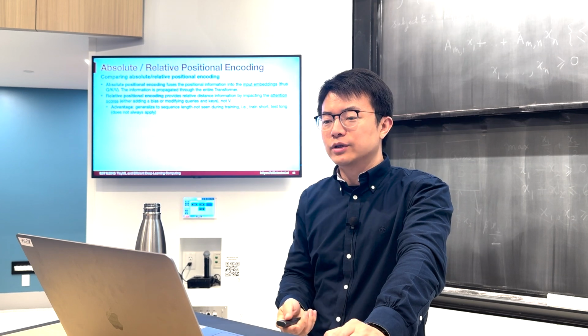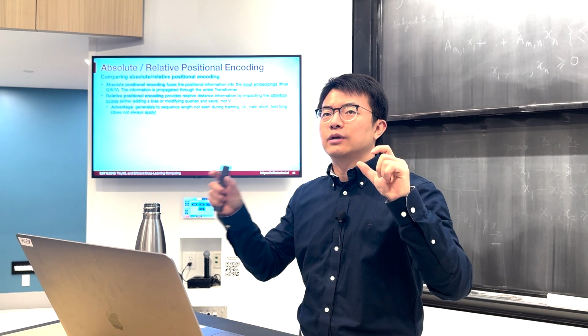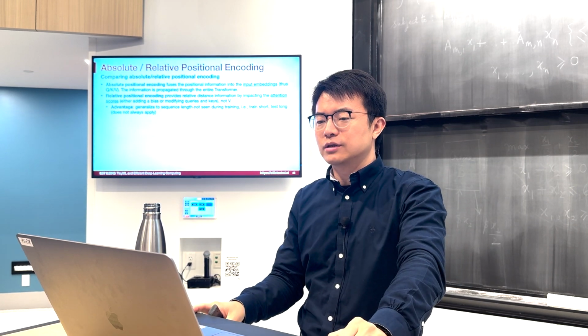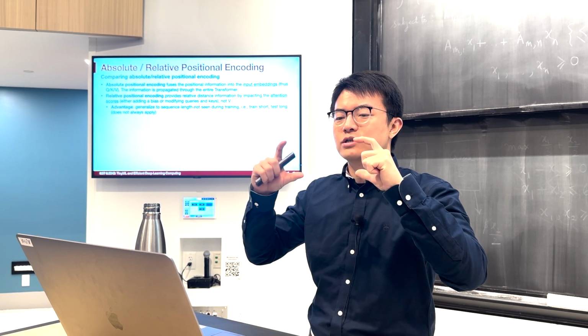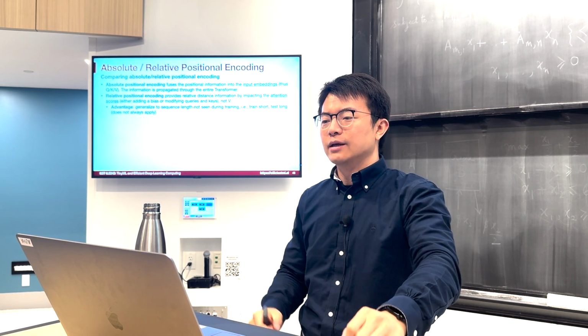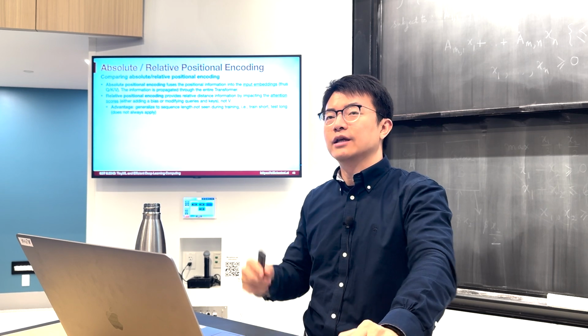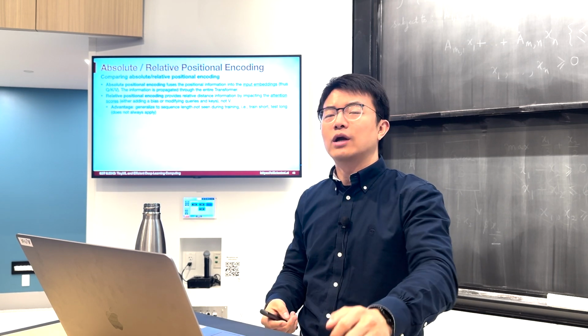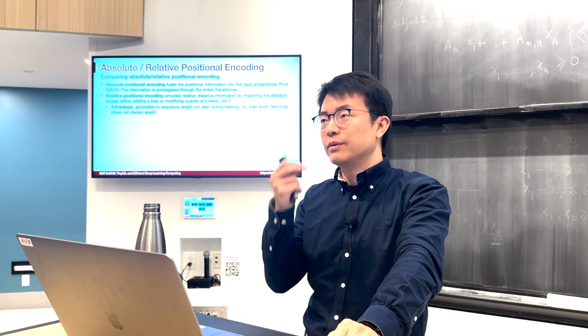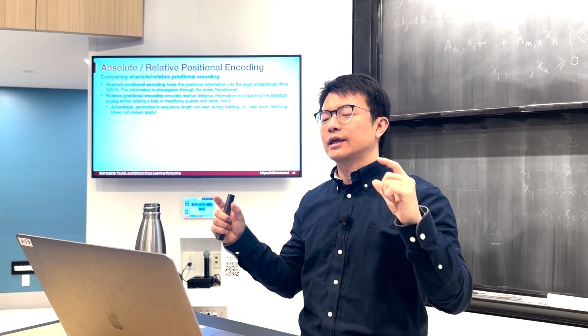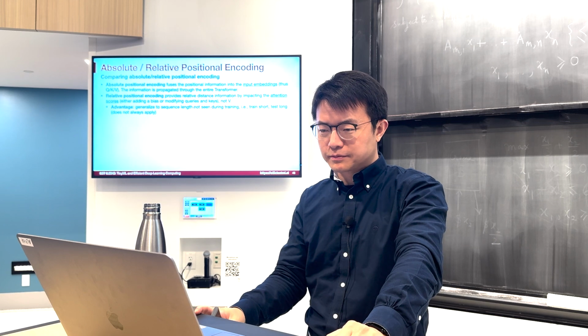But relative encoding keeps track of the relative distance information by impacting only the attention scores, not the input embedding, by adding a bias or modifying the queries and the keys, not the values, since the attention map only depends on the query and the key, it's QK transpose.